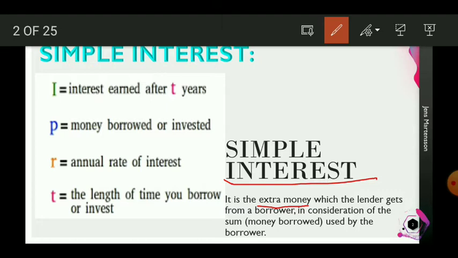Suppose you might have heard your parents talking about how they had invested something and got a certain percent rate, or you might have heard a bank manager or a bank employee talk about this. So what does it mean? Suppose I want to invest my money.